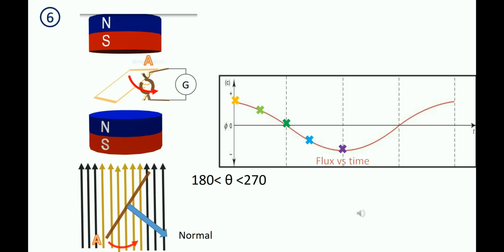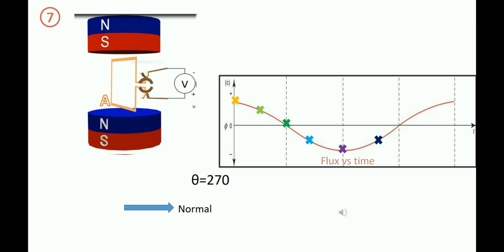From the diagram, we can tell that the number of magnetic field lines cut by the coil is lower than before, so the magnitude of the magnetic flux decreases. But since the substitution of values of theta into the formula shows a negative value, magnetic flux is negative. Therefore, we can see that the point on the graph is higher than the point in situation 5.